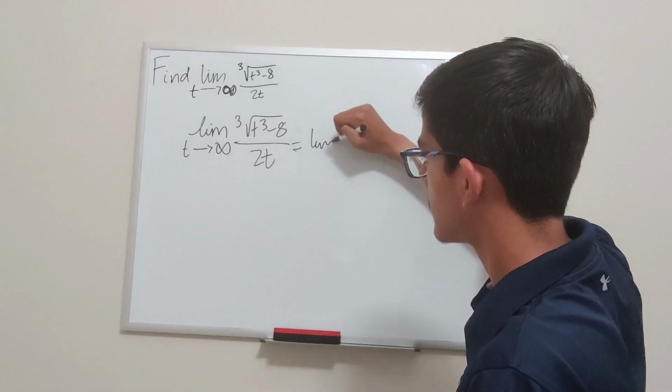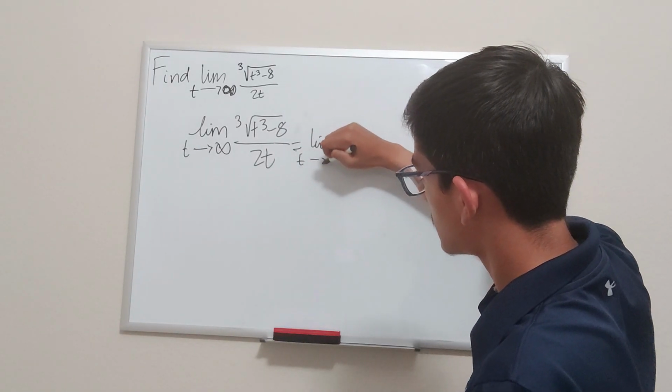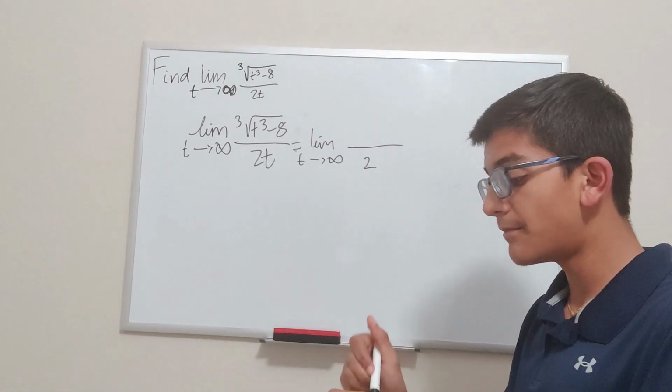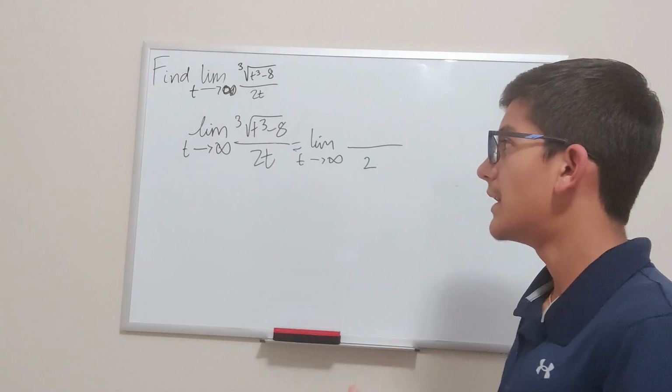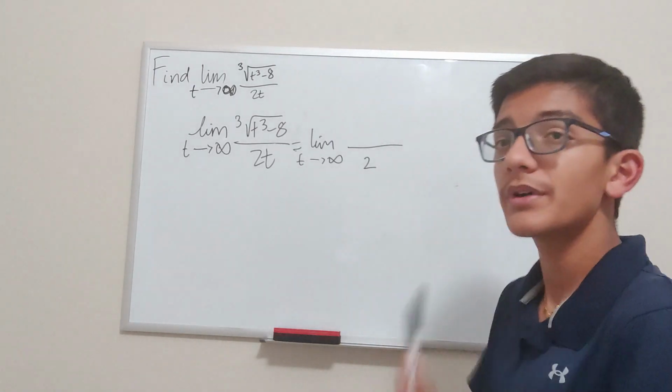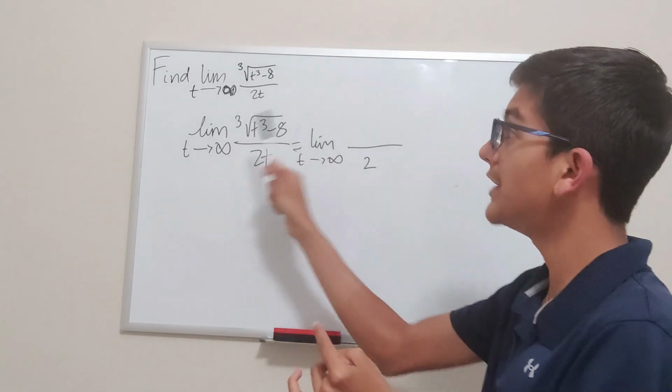So we're going to get 2 on the bottom. On the top, we divide by t. But you're thinking, okay, is that just t squared minus 8 over t? Nope, that's t cubed, because we're entering a cube root.